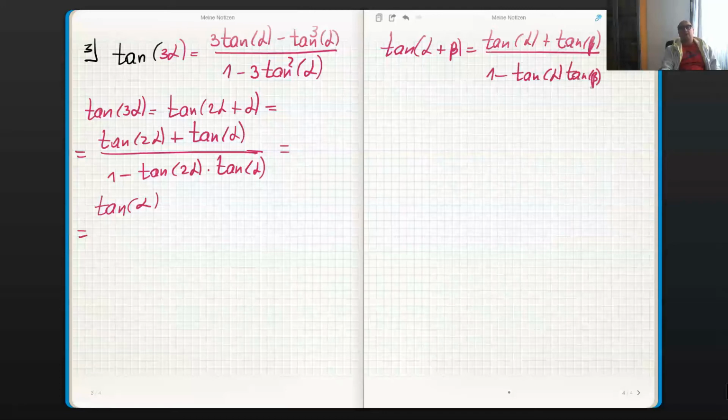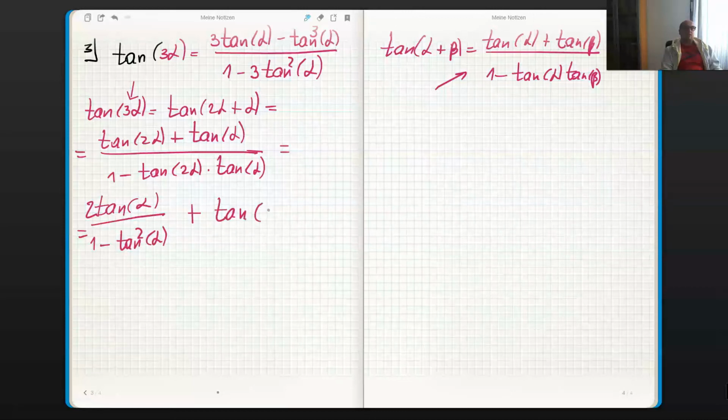So this is the formula I've been applying here for this case. And now we have alpha and beta equal, and that's why we're having 2 tangent alpha divided over 1 minus tangent squared of alpha, plus tangent of alpha still.